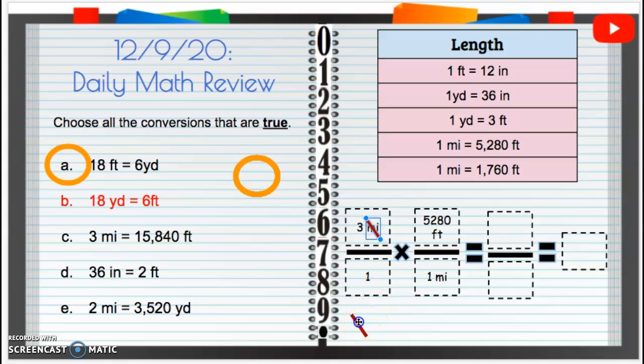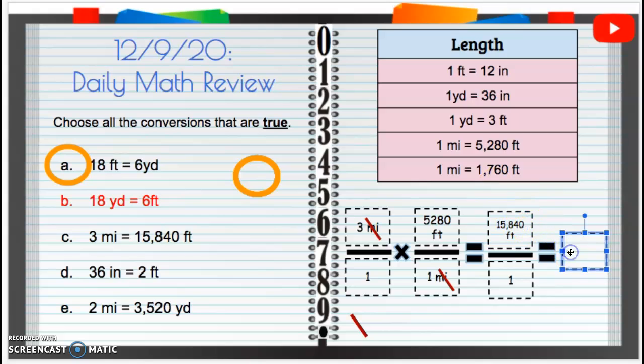So there's that miles that cancels out. 1 times 1 is 1. Now, if you do 5,280 times 3, you get 15,840. And we're going to keep that feet. So anything divided by 1 is going to stay the same.